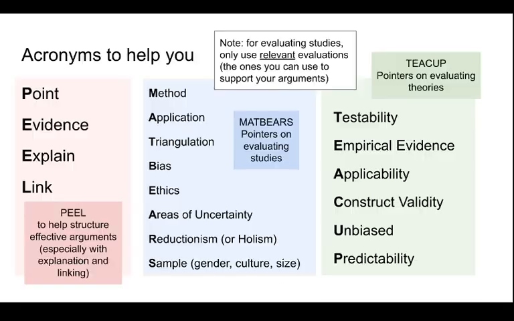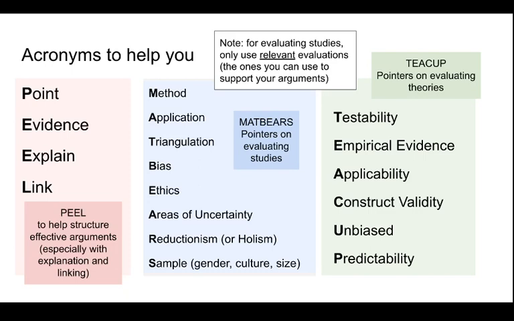So, there are some common acronyms that I found really helpful when it comes to critical thinking, and not just critical thinking, but for ERQ and SAQ as a whole. So we have PEAL, which is point, evidence, explain, and link. These are helpful for writing in general with SAQs and ERQs.